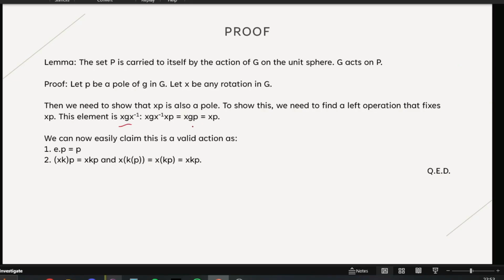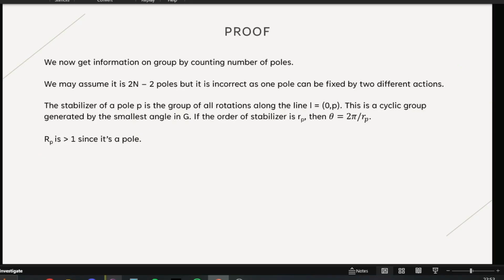So this is a valid action: GP goes to P. We can also verify both the rules needed for a group action. In this way, we see that a group of rotations G which acts on P is indeed a valid group action. For all the subgroups, we now need to look at the poles in the group.